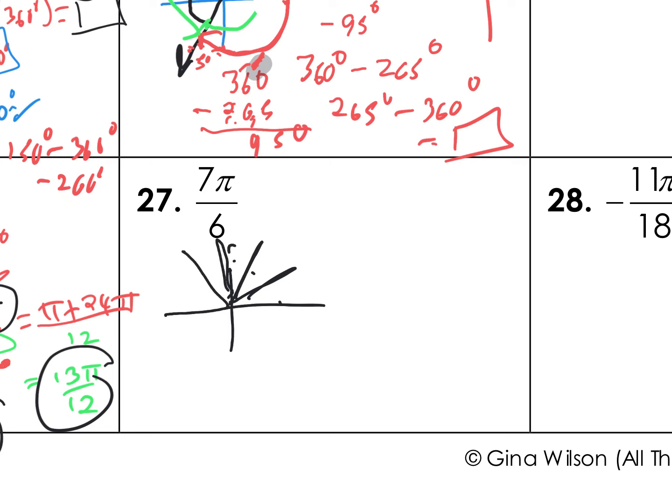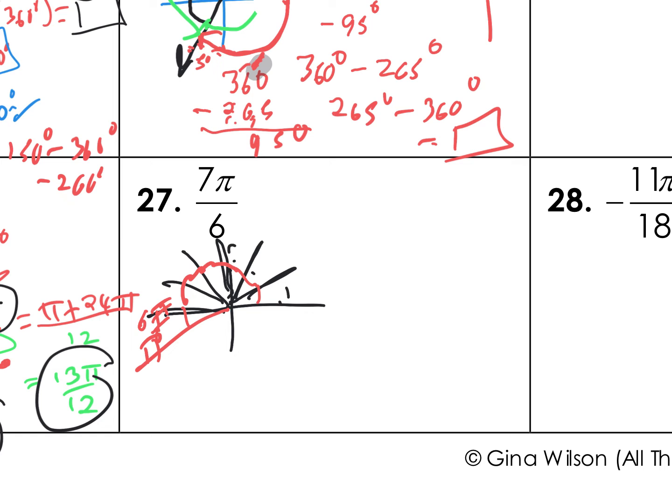And if I go 3 more, there's my pi divided by 6. My point is this. I need 7 of them. So this is 1, 2, 3, 4, 5, 6. 6 pi over 6 would be a pi. Duh. Of course it's a pi. But I need to go 1 more. There it is. What is it in English?